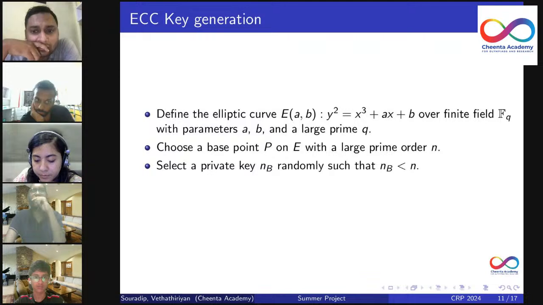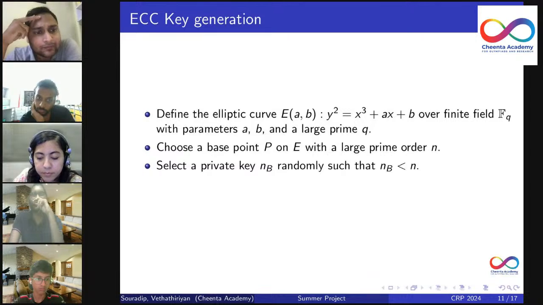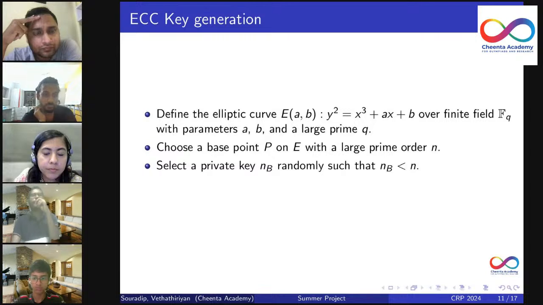Since we chose a large prime q, the private key was nB, but the public key was PB equal to nB P. This was the public key, and the outsiders know of this information, but they do not know the private key.